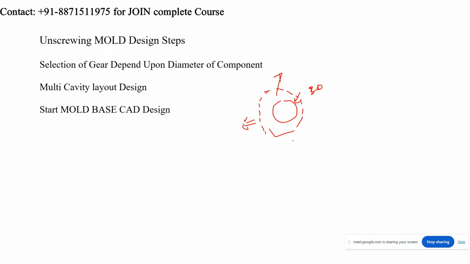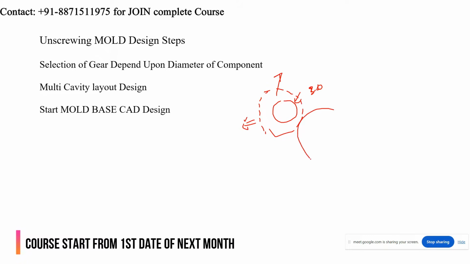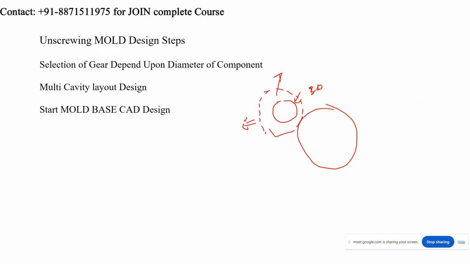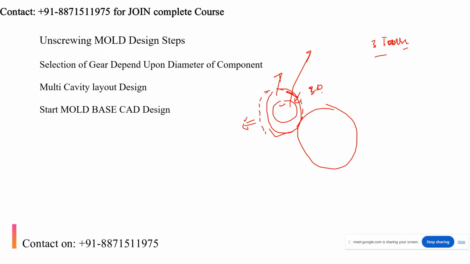Second thing is depending upon how much turn is required. For example, this is the gear, or this is the component we have. The component has 3 turns. If the component has 3 turns, what is the meaning of this?